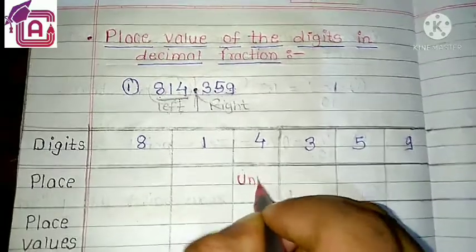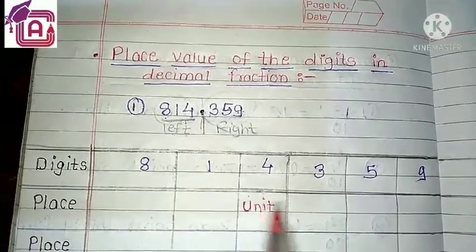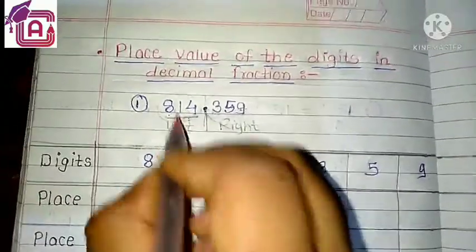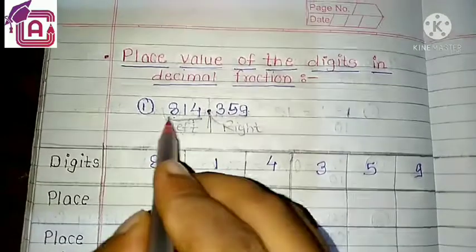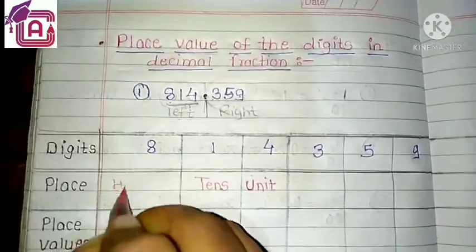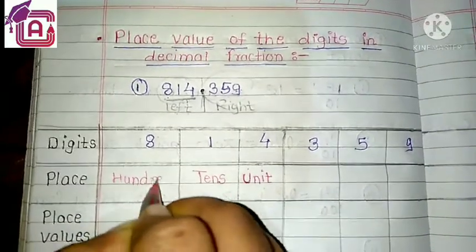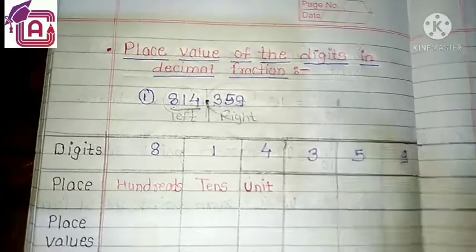Unit place. From the left side of the point, the first place must be the unit place. Then the next place is the tens place, and this place is the hundreds place.